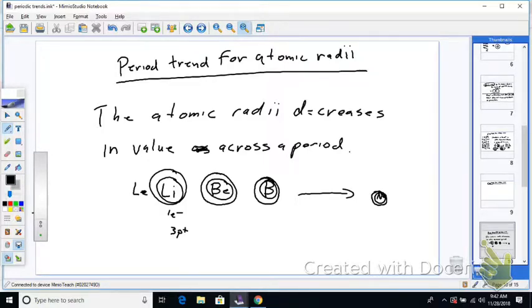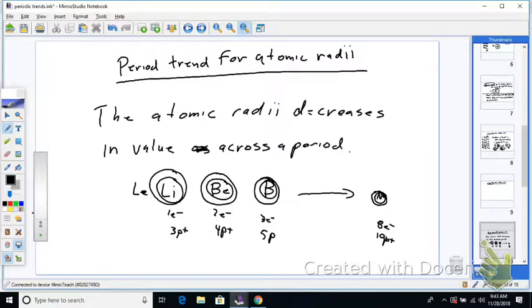Then this has 4 protons and 2 electrons. I'm only showing electrons in the outer shell; it actually has 4 electrons, but I'm just showing the outer shell. This has 5 protons and 3 electrons. And the very end, I think, has 10 protons and 8 electrons.